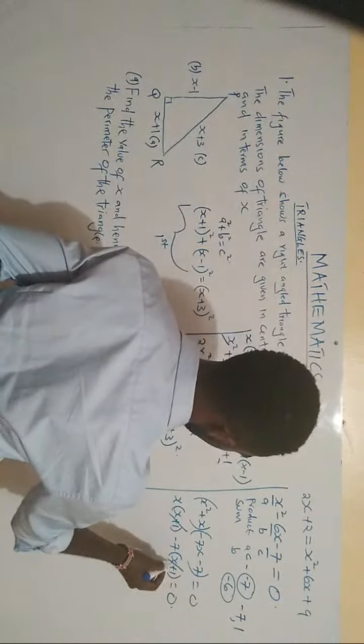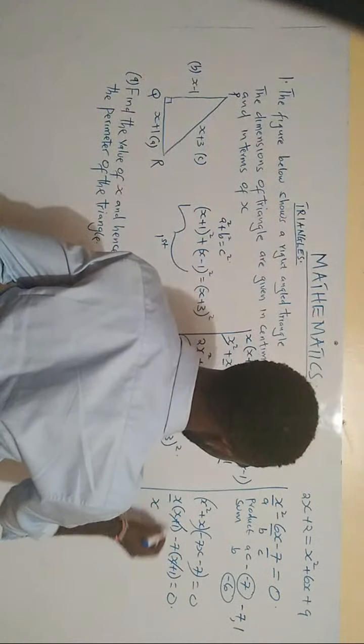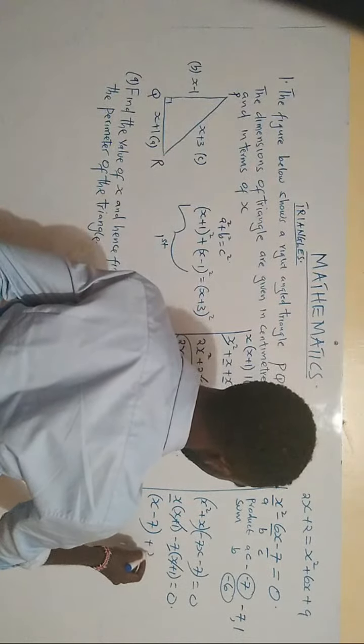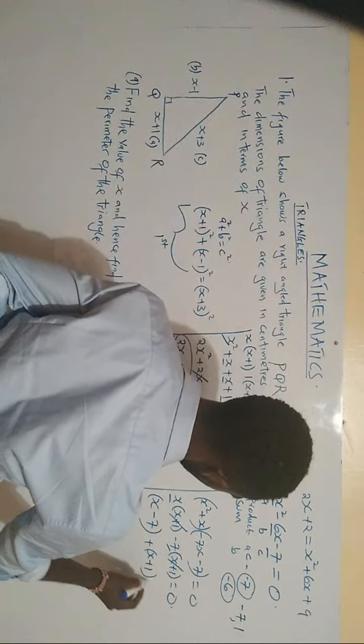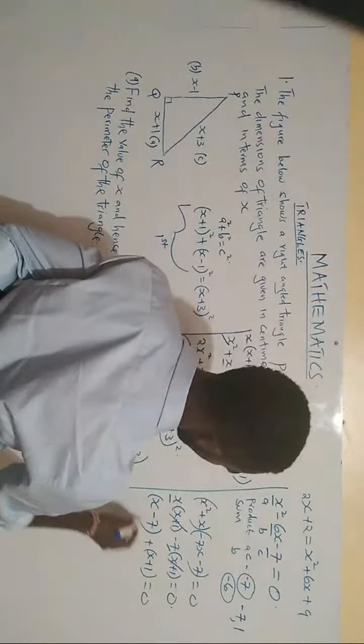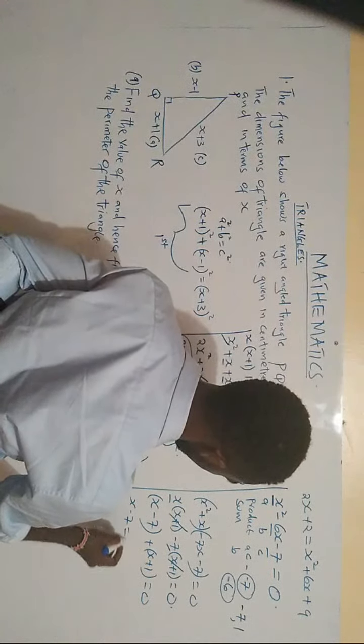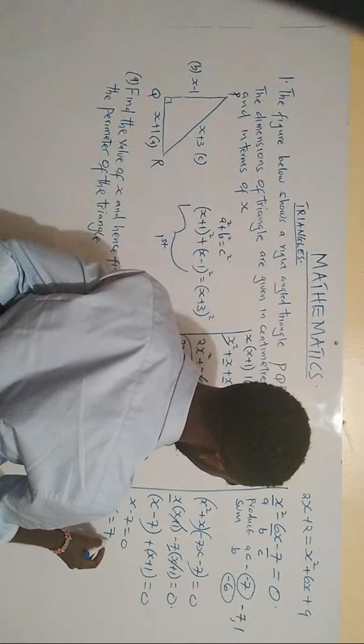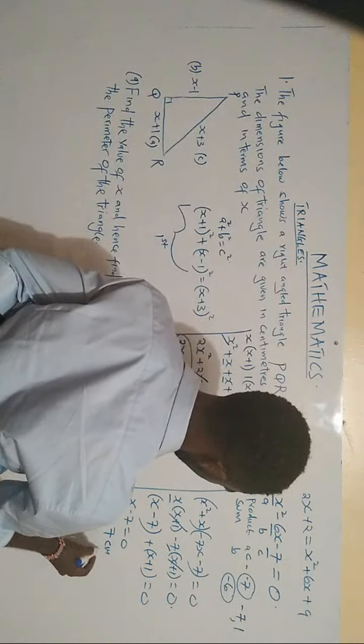So x minus 7 times x plus 1 is equal to 0. So x minus 7 is equal to 0, and x is equal to 7. Taking the other side, it will be 7 centimeters.